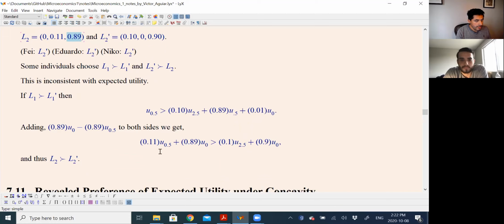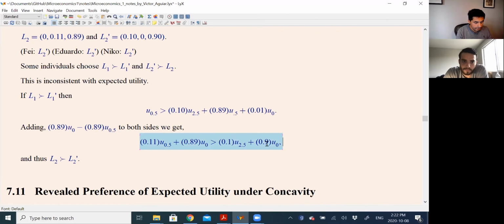I get 0.11 of u of 0.5, which is 1 minus this quantity here, and then I get the part that I was adding, 0.89 of u of 0. From the other side, I do the same, so I get 0.1 of u of 2.5 million plus 0.9 of u of 0. This implies that L2 has to be better than L2 prime, according to expected utility.